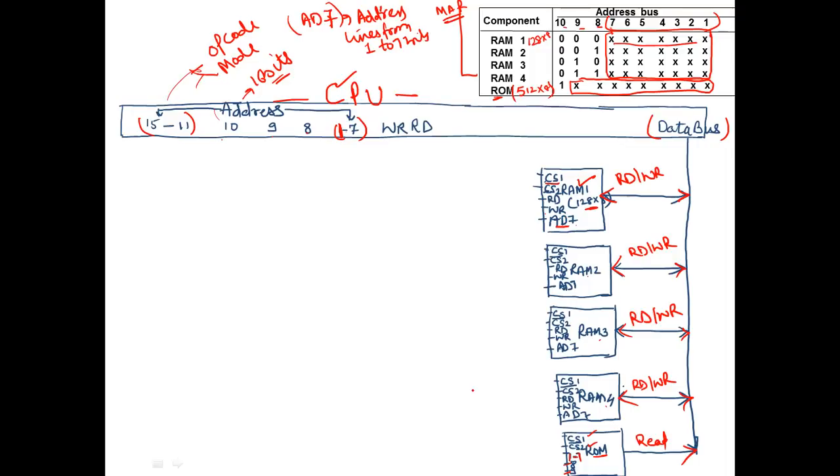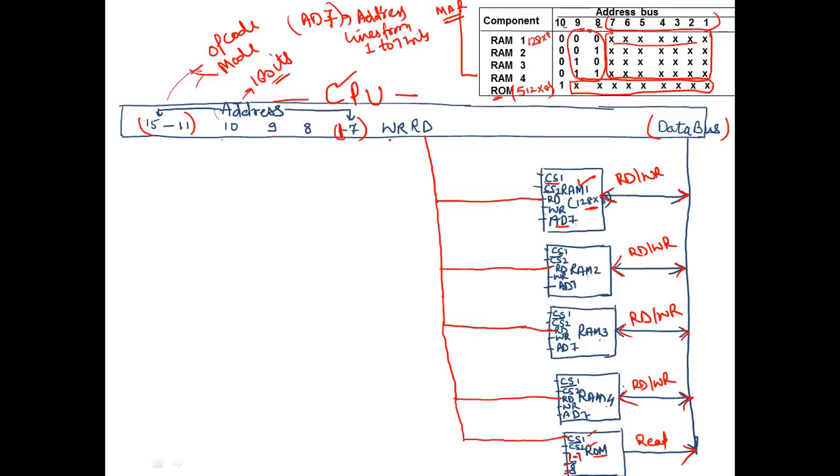All right, let's start understanding how this entire diagram will work. First, we have the read and write operations. The read line will be attached directly to all the RAM chips that have a read signal. In the case of ROM, the read line will be attached to CS1, because in order to select the ROM I will be using CS1.